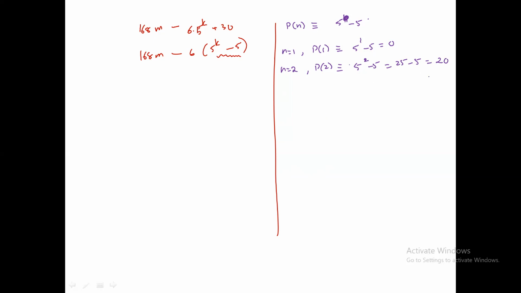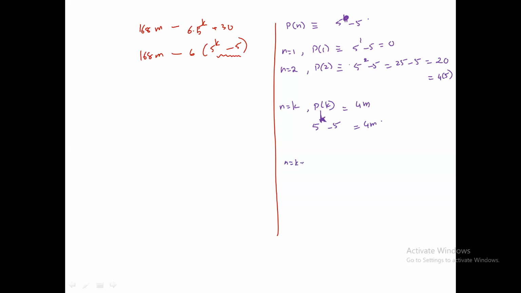So I can say it is multiple of 4. So I can take for n equal to k, P of k is multiple of 4. That means I can take 5 power k minus 5 is multiple of 4. I can take it like that.